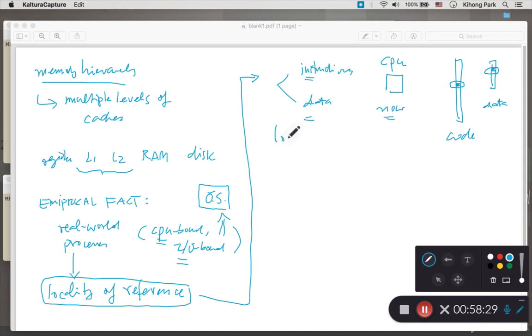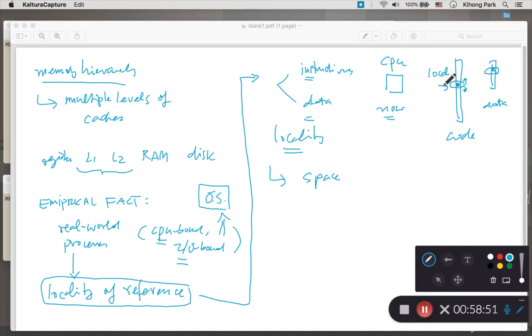Locality means it's local in space, space meaning memory. So here is the code, start till finish, and here is this local area where the current code is located, and it has its neighborhood, code close by.